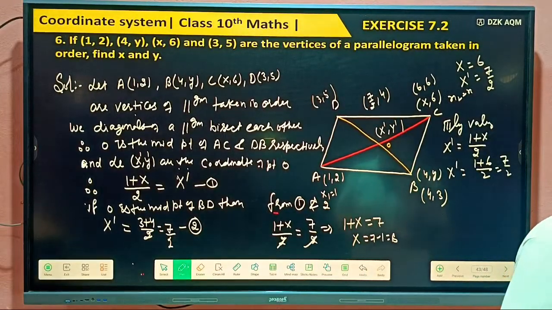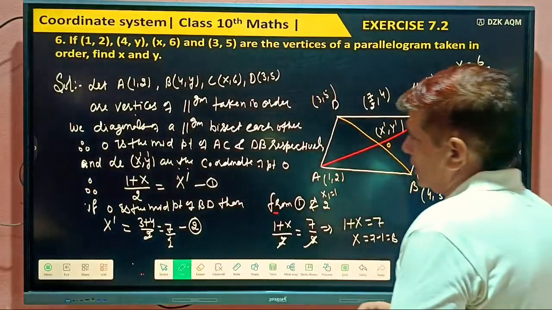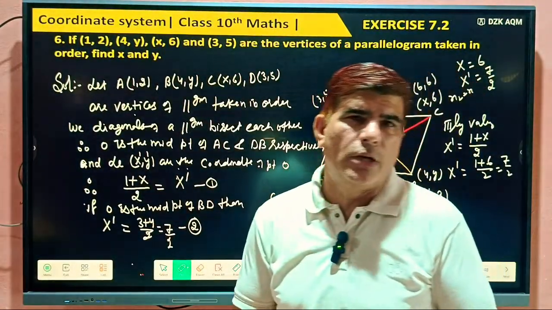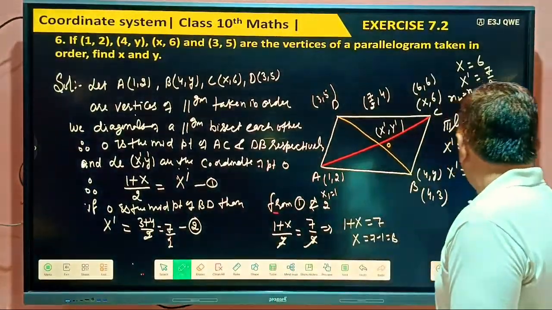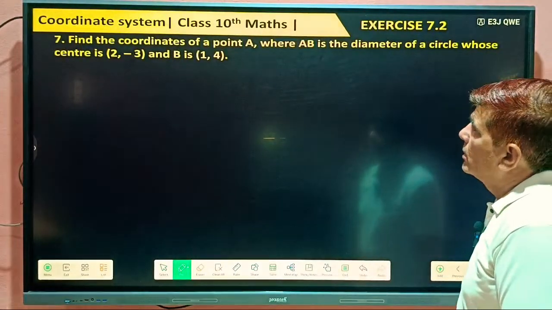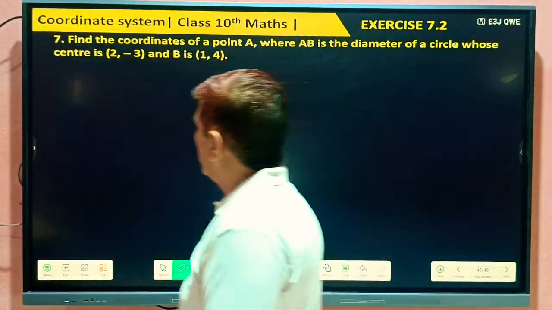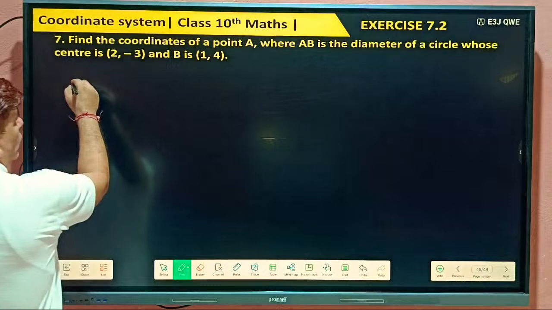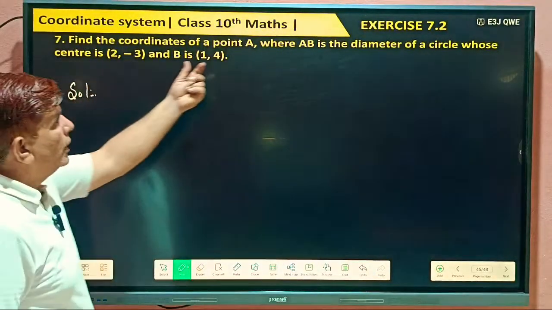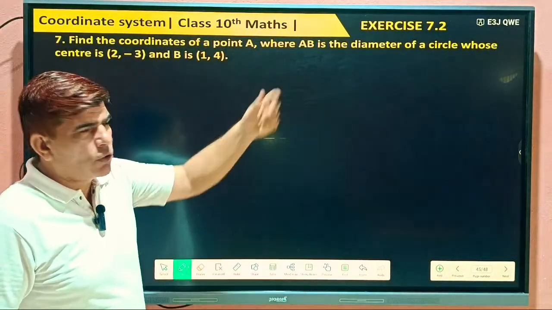This is all about question number 6. So you have to use the section formula, midpoint formula, and distance formula. So question number 7. Find the coordinates of point A, where AB is a diameter of a circle.